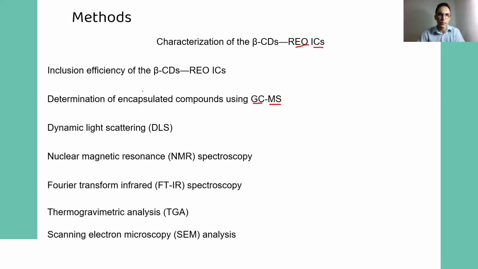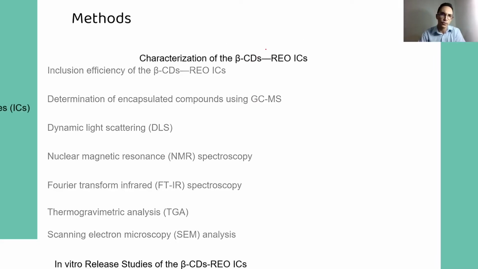That was the method used for characterization of the cyclodextrin inclusion complex with rosemary essential oil.